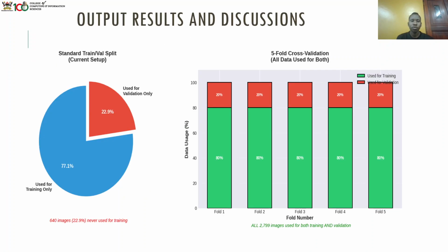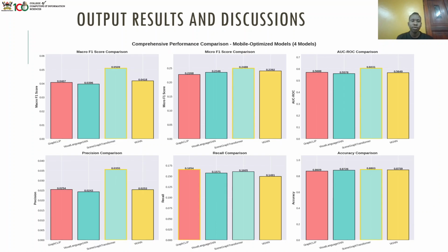So our output results and discussions, we used the five-fold cross validation format, of which we used 80% for training and 20% for validation. Moving on, these are our comprehensive performance comparison, whereby these are mobile optimized models, and we have the macro F1 score, we have the precision comparison, recall comparison, accuracy comparison, and the AUC ROC comparison.